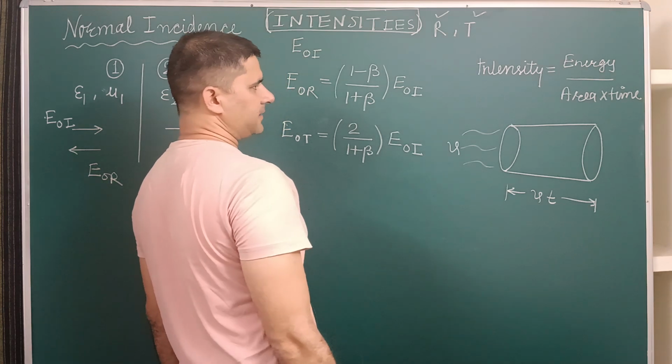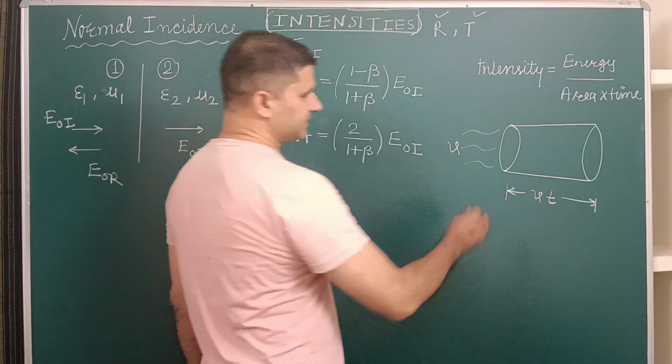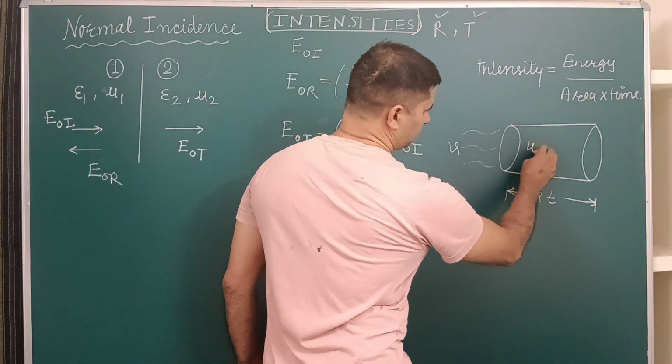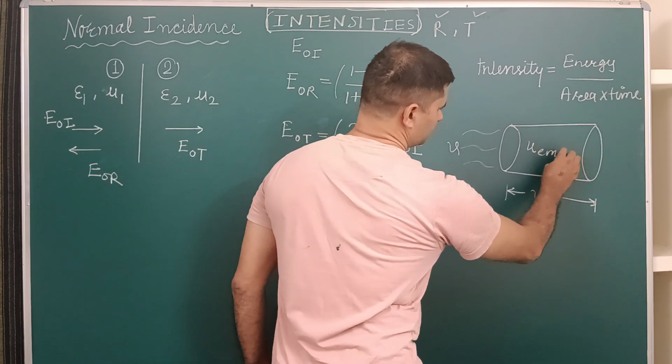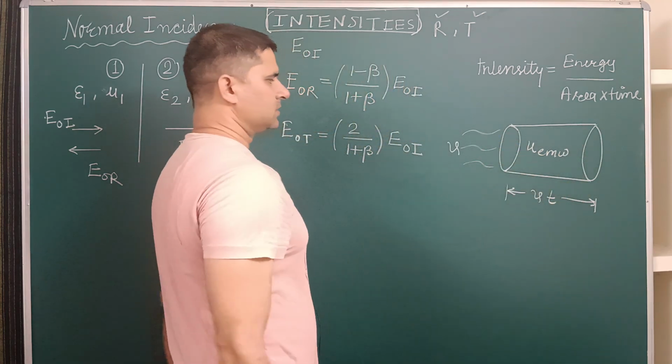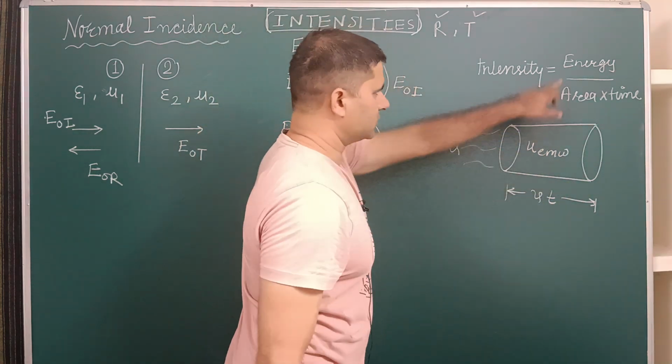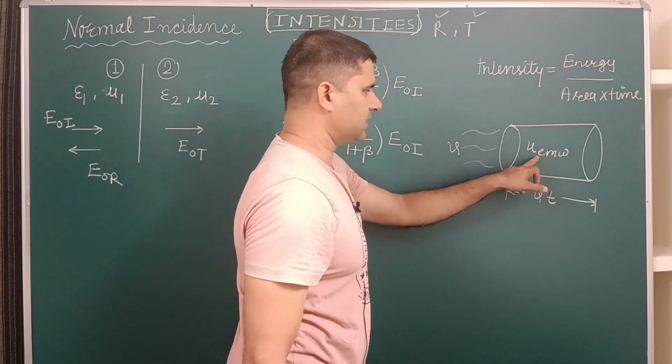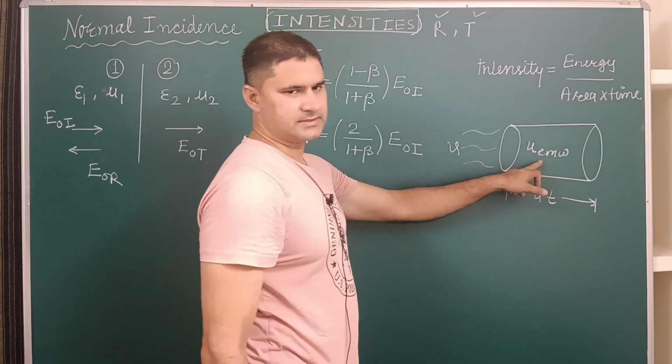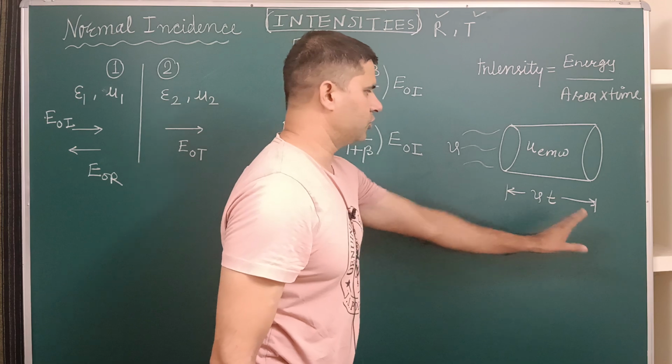Okay, and the energy density of the electromagnetic wave is U_EMW. If I want to find out the energy, I have to multiply this energy density with the volume.